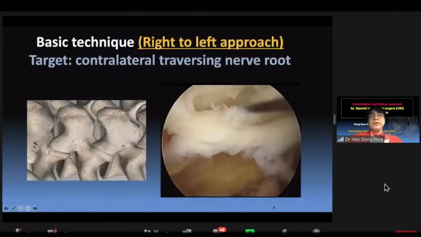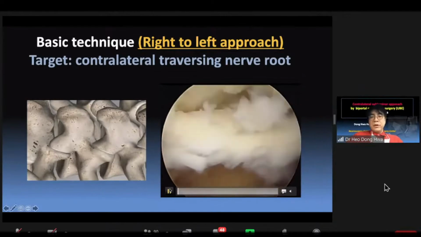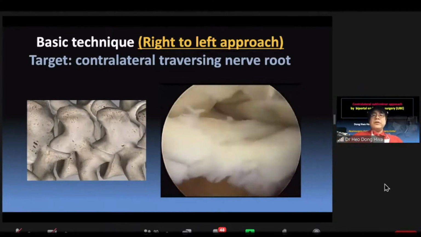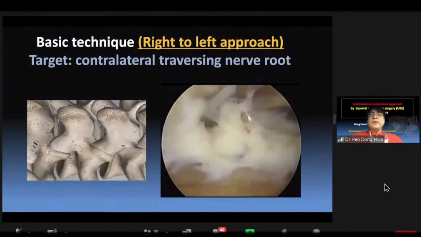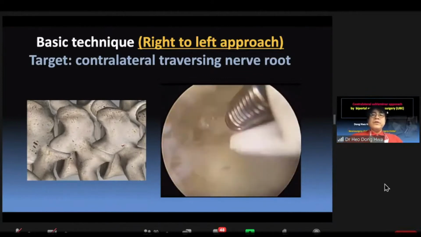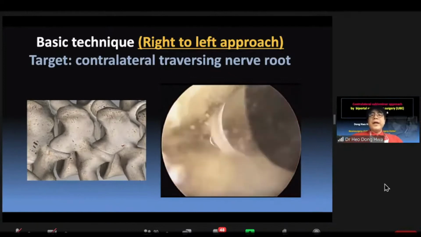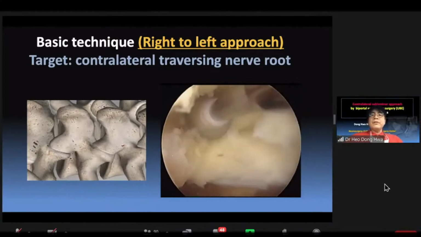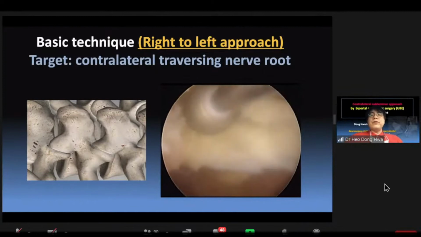First I show the basic technique. The main target is the contralateral traversing root, and you can see this is the contralateral ligamentum flavum. I first divide the superficial and deep layers, and I remove the superficial layer of the ligamentum flavum.